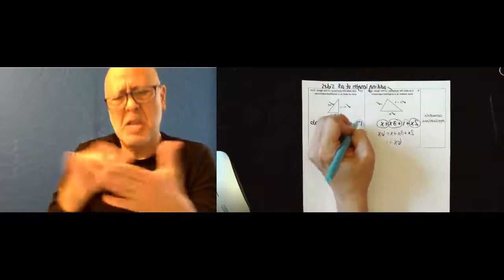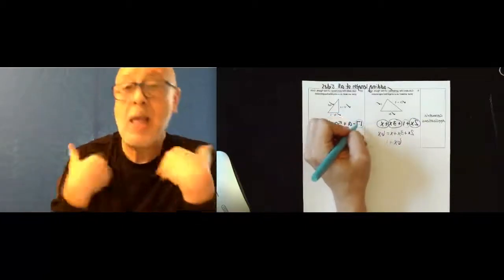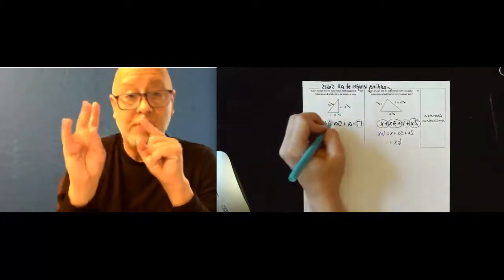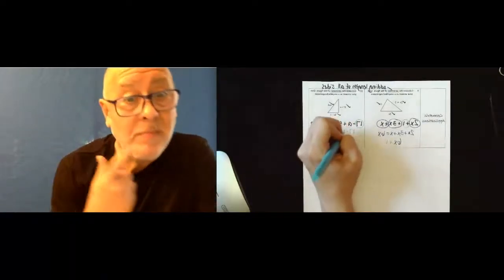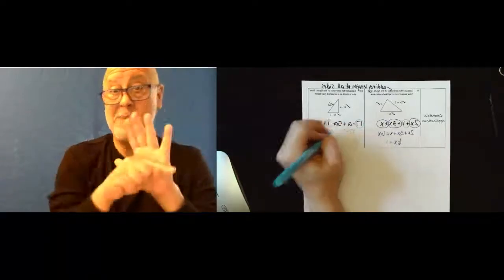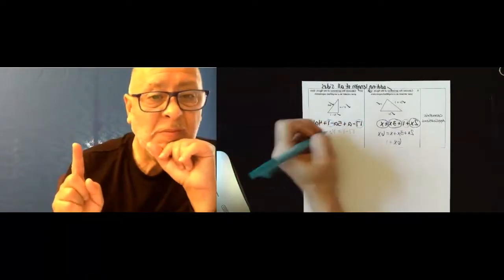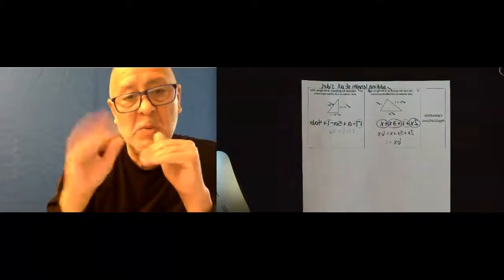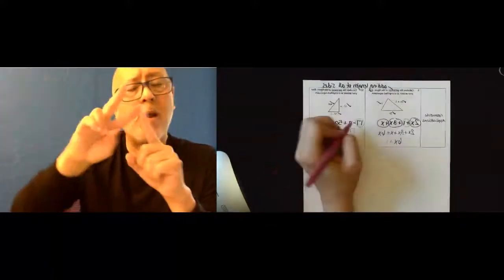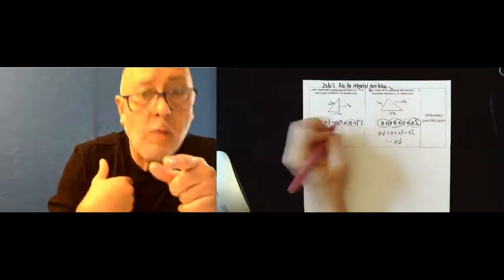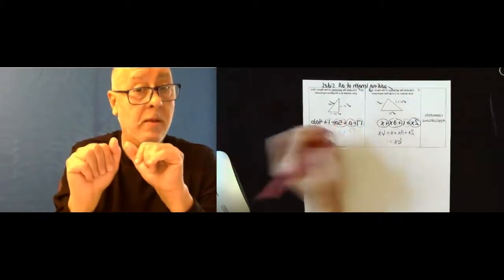So I have a positive 17. There's that negative 1. So 17 minus 1. 17 take away 1 is 16. There's no variable, so I don't have to worry about adding that variable. Then I'm going to look here. I have a negative a plus 5a.